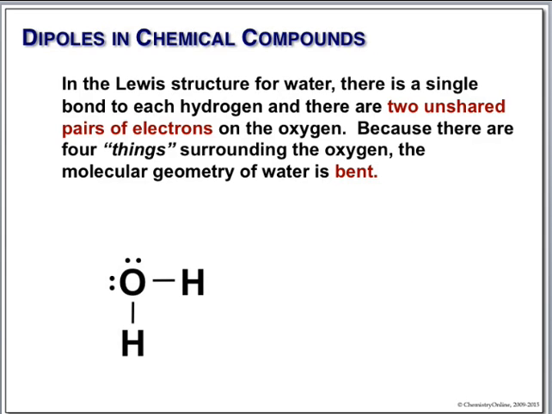Let's apply this to some simple molecules. Water, we're all familiar with water. This is the Lewis structure of water. Oxygen has a valence of 2, so it has 2 covalent bonds, and it has 2 unshared pairs of electrons.